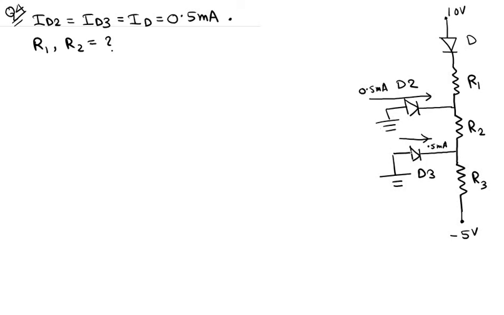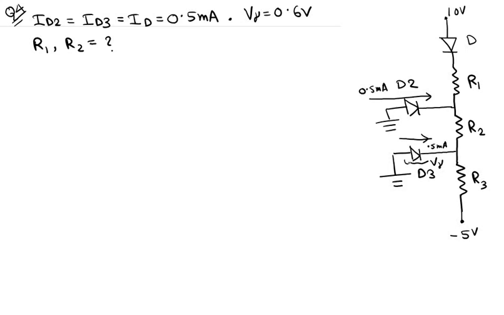Since this current of 0.5 milliampere is flowing through this diode D3, this means that D3 is forward biased. When this diode is forward biased, the voltage drop across the diode is equal to V gamma, and you are asked to assume that V gamma is 0.6 volts for all the diodes.